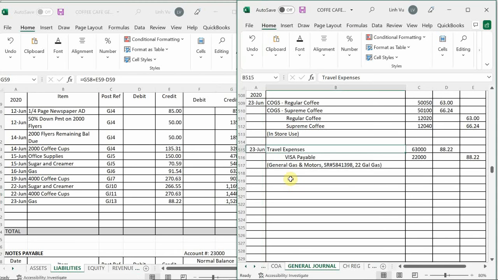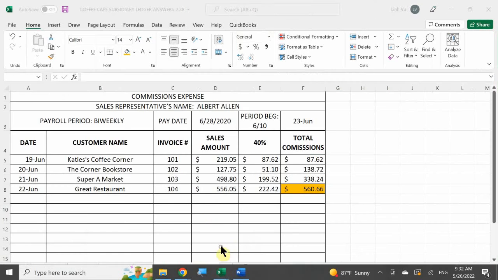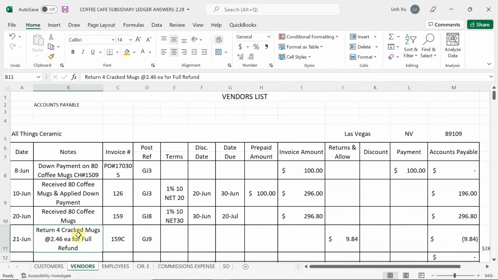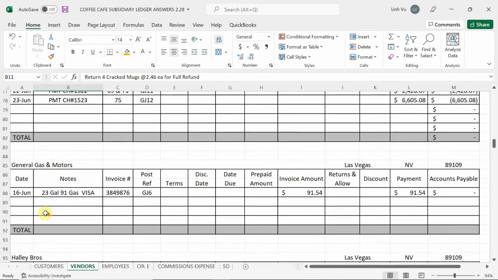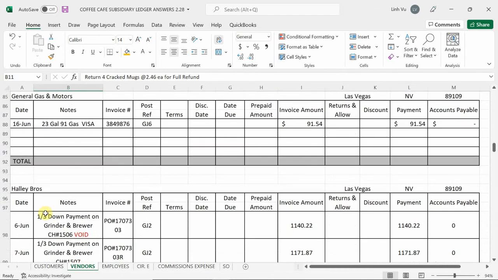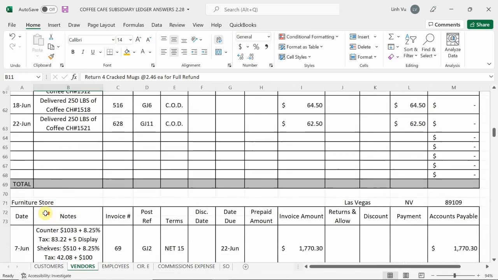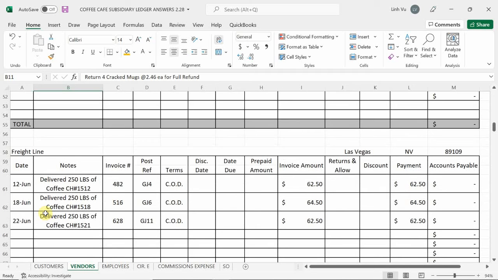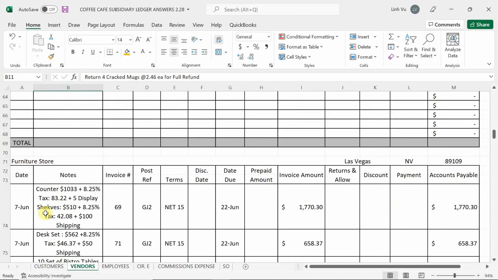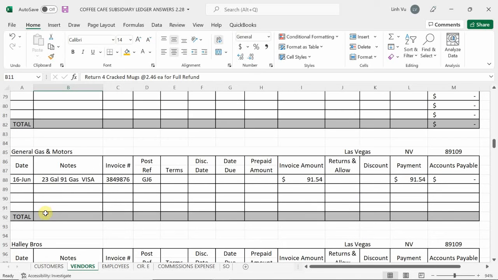Okay, let's see what is next. The subsidiary ledger, just to keep a record that we paid with our Visa credit card to a gas station. So in this case, General Gas and Motors. It's the 23rd. You bought 22 gallons of 91 gas and used a Visa credit card to pay for it.